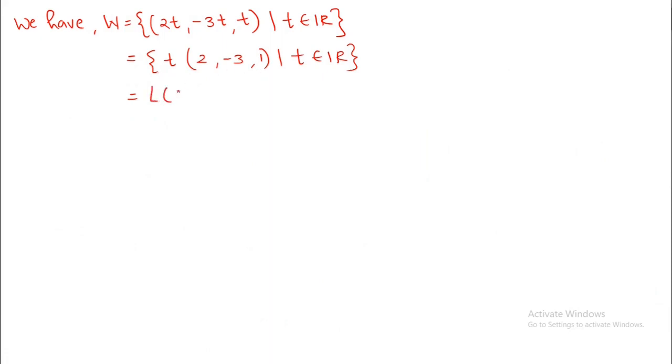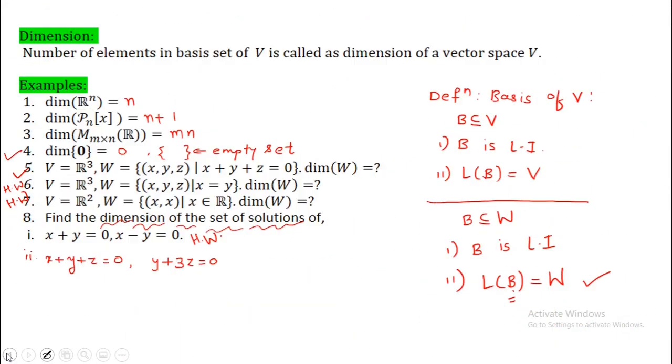So therefore this is equal to the linear span of B, where our B contains only one vector, which is (2, minus 3, 1). So we have found the set B such that the linear span of B is equal to W. So this part is done.